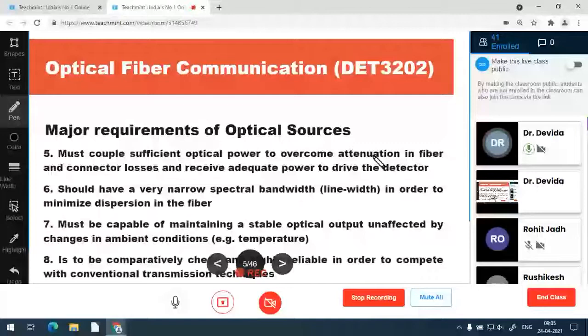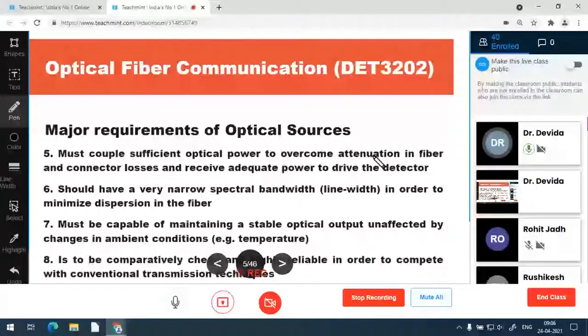Whenever we launch some amount of power into the fiber, it attenuates and the output power becomes lesser than the input power. Depending on how much attenuation it offers, input and output power differ by a very large amount. So the source must couple sufficient optical power to overcome attenuation.